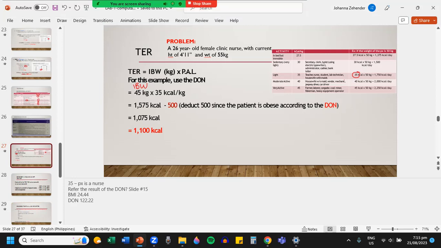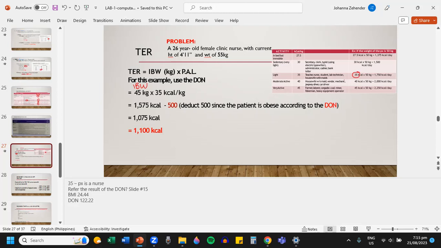Okay, so here we have a sample problem. A 26-year-old female clinic nurse with a current height of 4 feet and 11 inches and a weight of 55 kilograms. We're going to compute for the patient's TER.